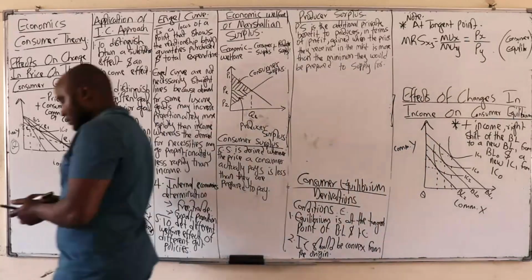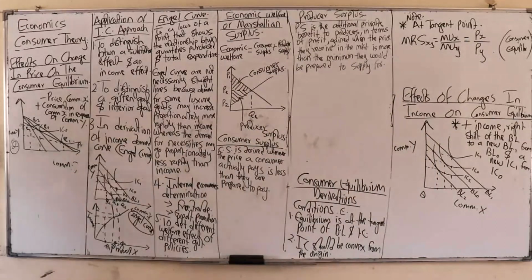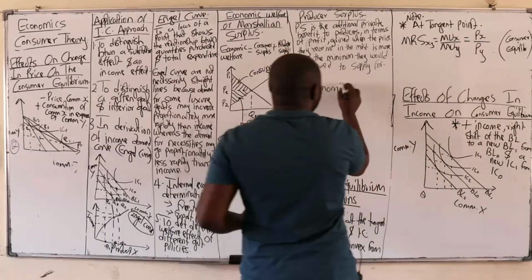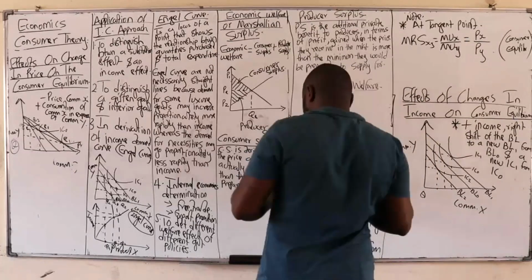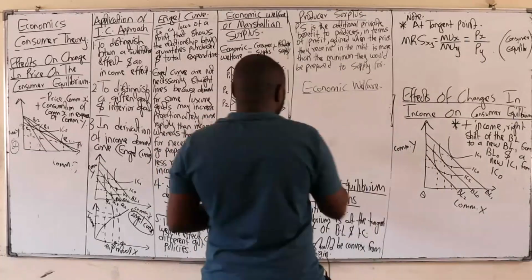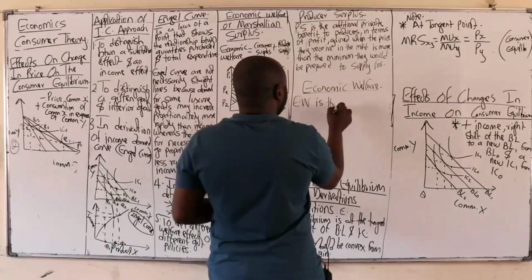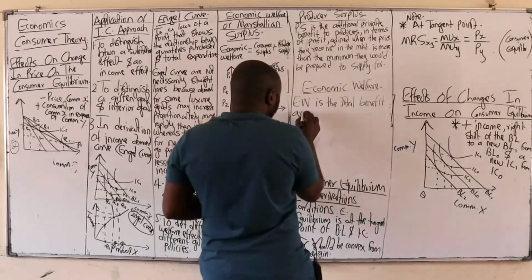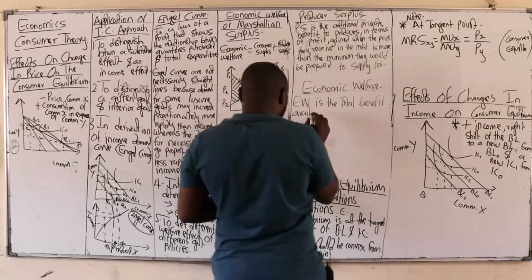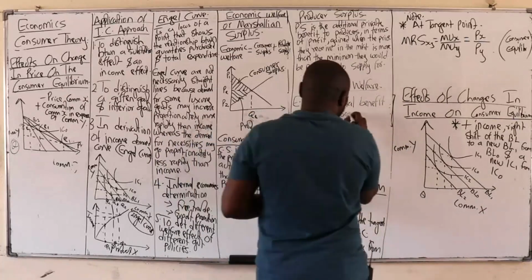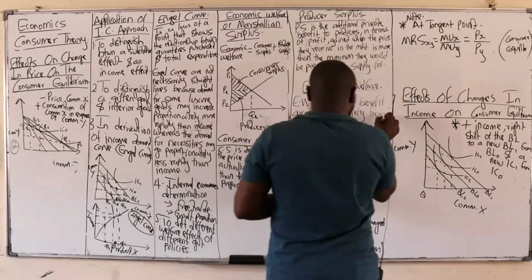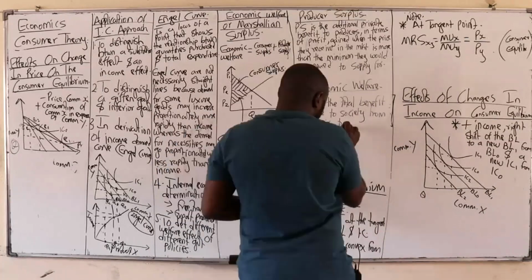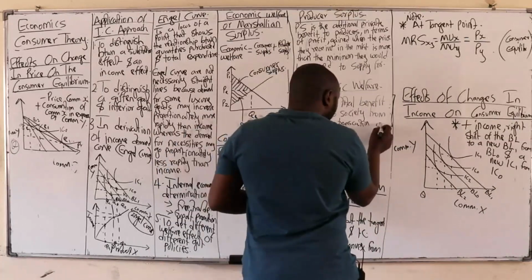Together. Then economic welfare. You say, economic welfare is the total benefit available to society from an economy or an economic transaction or situation.